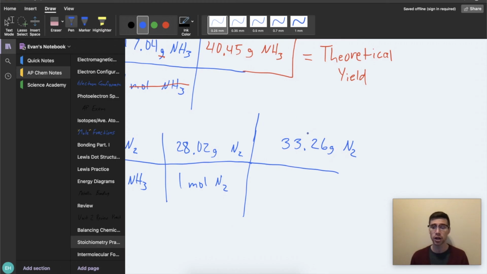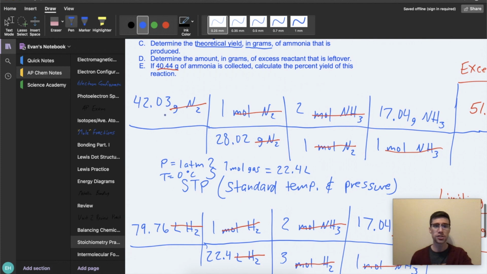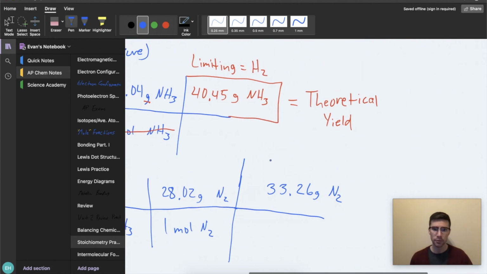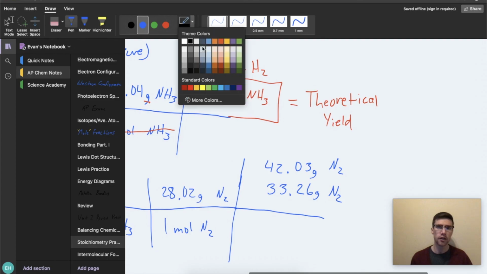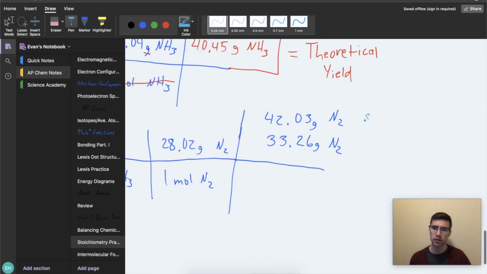It's asking us how much of that excess reactant do we have left. So how much did we start with? We started with 42.03 grams. So 42.03 grams of nitrogen. And the reason I'm using these differently is because this is what we started with.